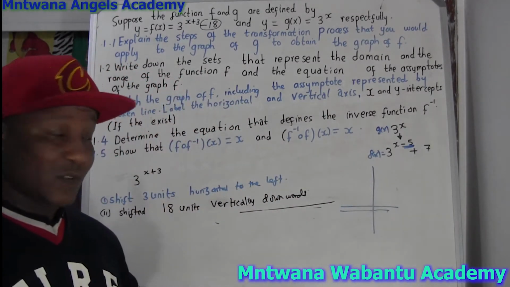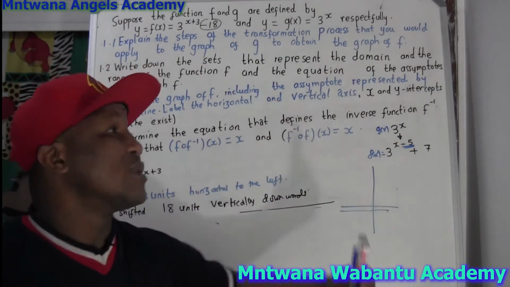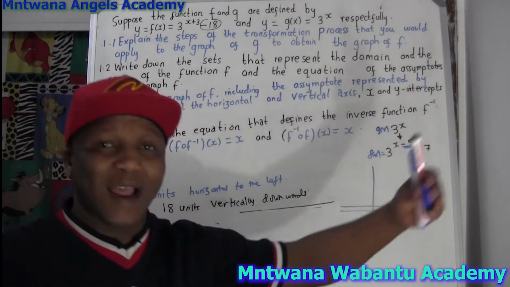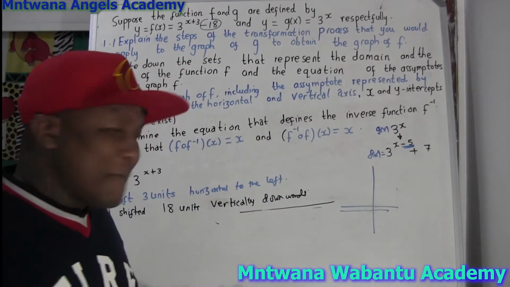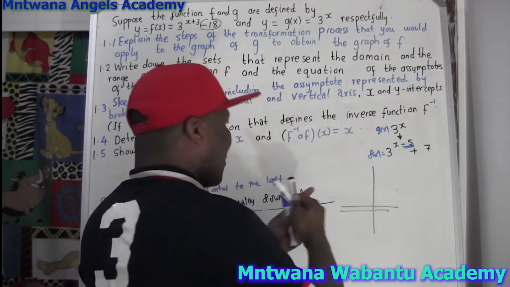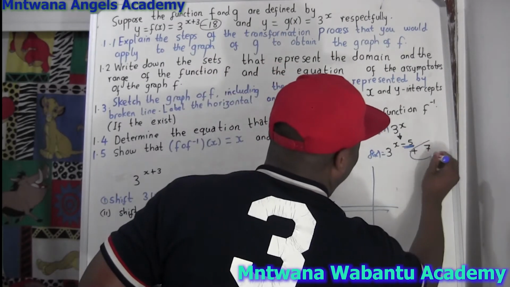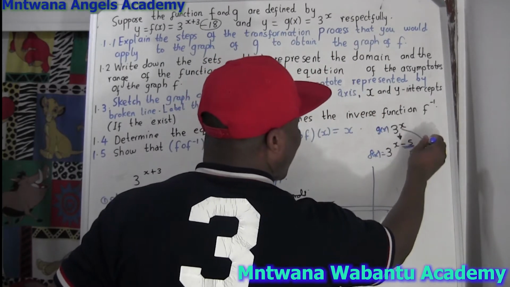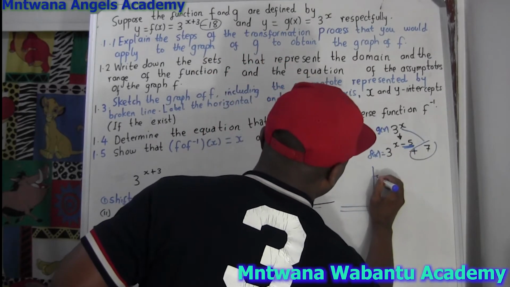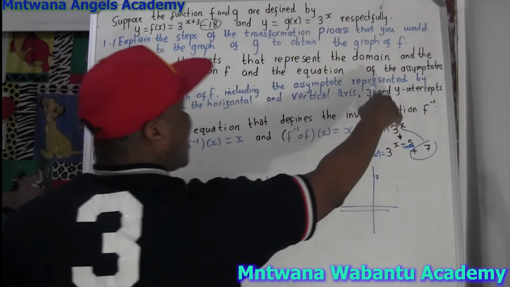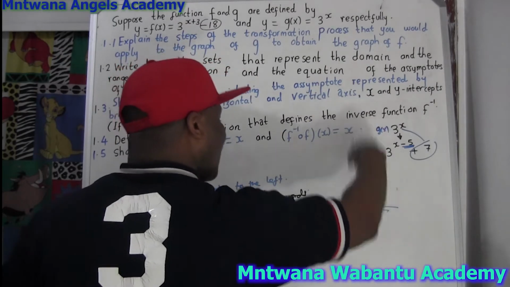It was shifted 5 units to the right, horizontal to the right, because it's negative. So for x, it's like other way around. But for y, since it's positive, it was shifted 5 units vertical up. If it was negative, 5 units vertical down.